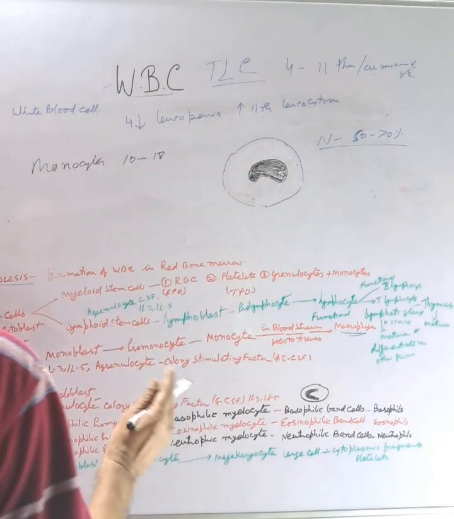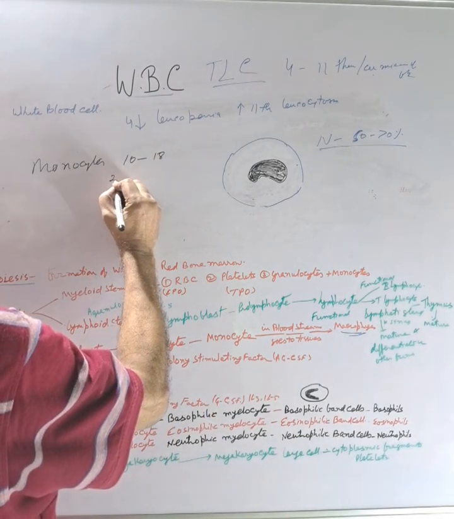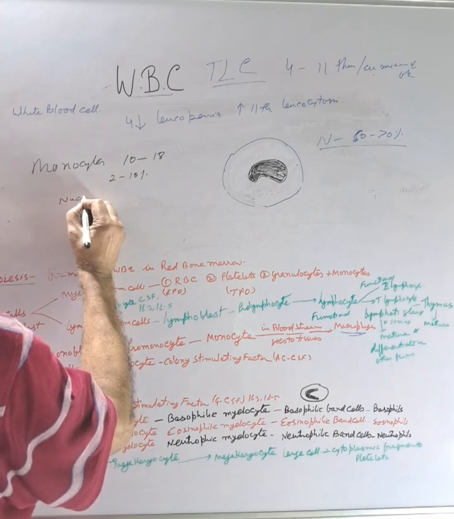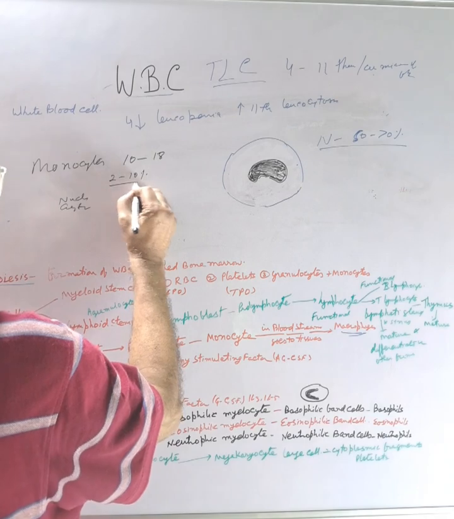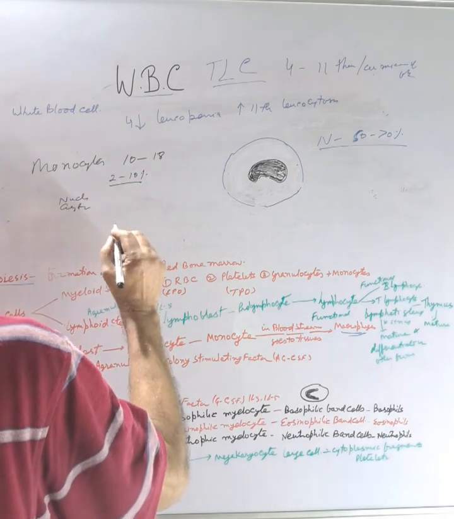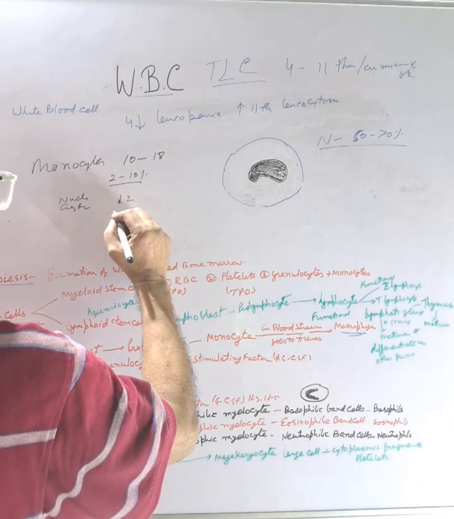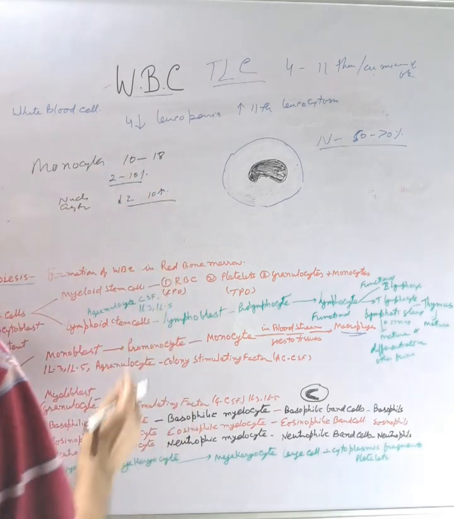This is monocyte, 2 to 10%. When it decreases below 2%, it is monocytopenia. When more than 10%, it is monocytosis.